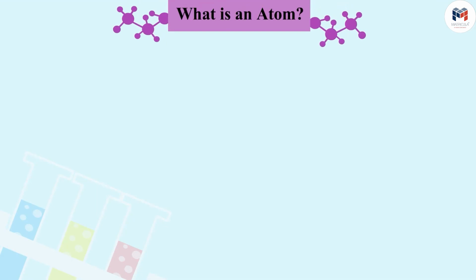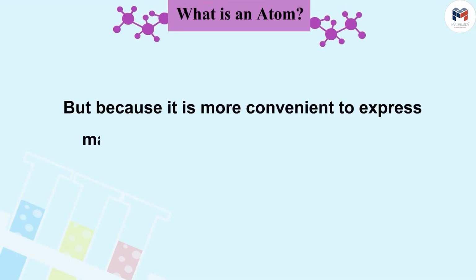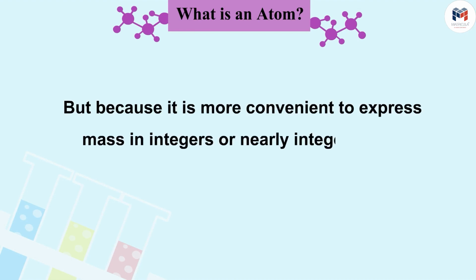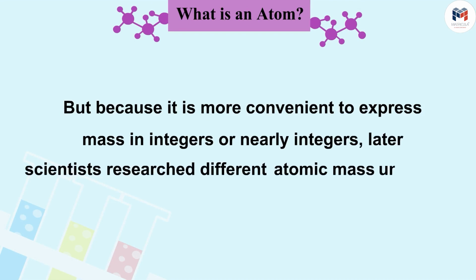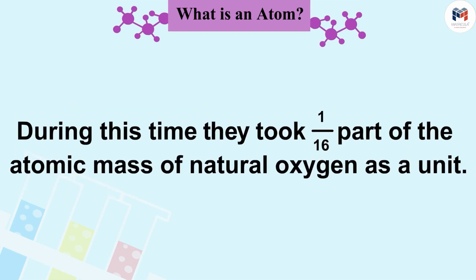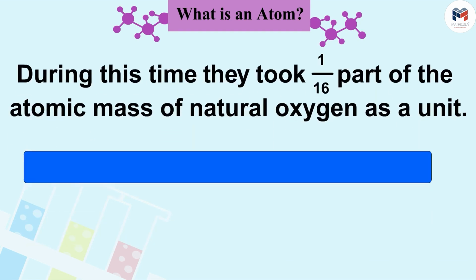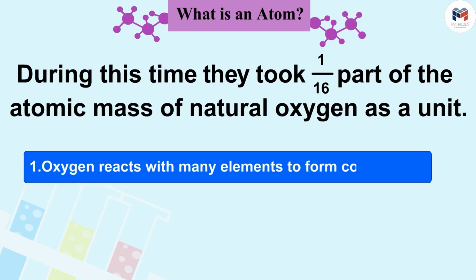But because it is more convenient to express mass in integers or nearly integers, later scientists researched different atomic mass units. During this time, they took 1/16th part of the atomic mass of natural oxygen as a unit. This is deemed to be relevant because: 1.